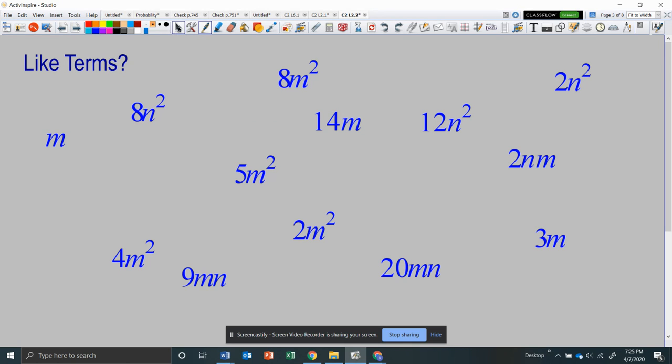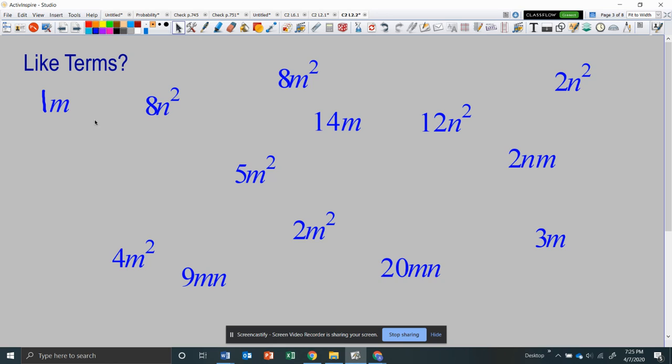So I've given you a whole bunch of terms on this page, and we're going to group the like terms with each other. Here's m all by itself. It's just m. It doesn't have an n attached to it. It doesn't have a number, but actually it kind of does have a number, because m by itself is the same thing as 1m. So you can actually understand that there's a 1 there with that.